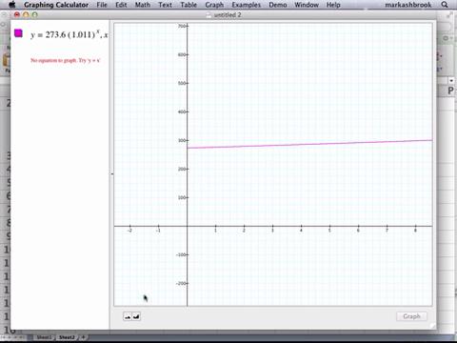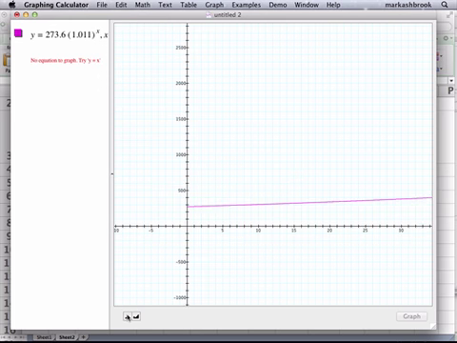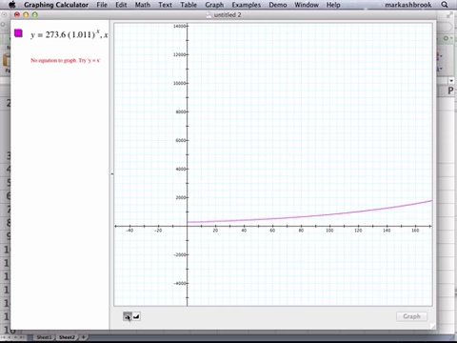What kind of growth do we have? Exponential growth. And that means that the percent change stays the same. If the percent change stays the same, we increase by a certain percent, and then we take that amount and increase by the same percent, and then we take that amount and increase by the same percent. Is it constant rate of change? No, because the amount of change goes up, right?